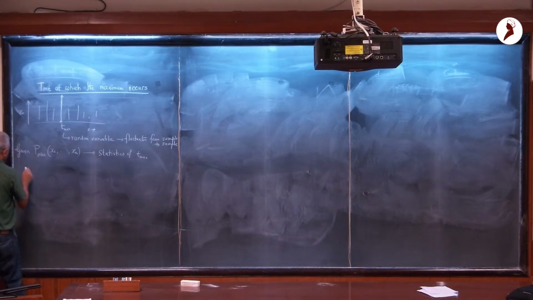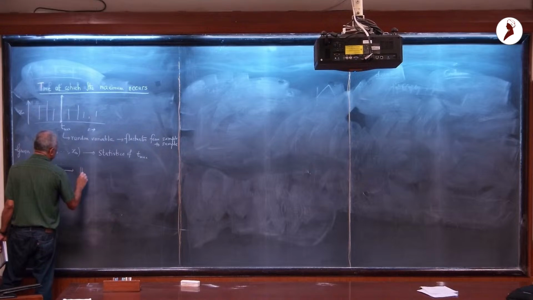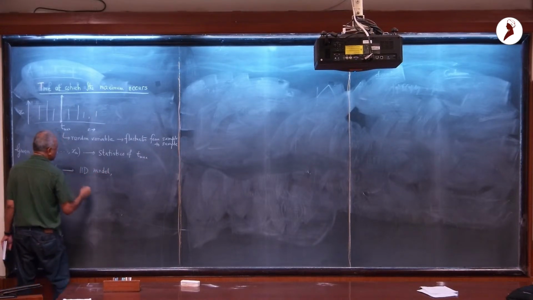And again, I'll consider these two models. Model one is this IID model, where these variables are uncorrelated.